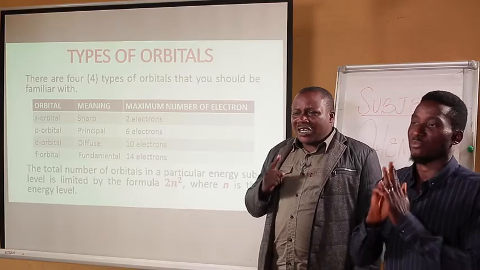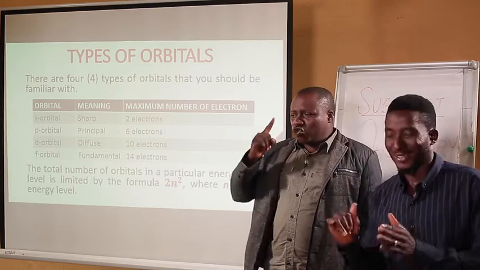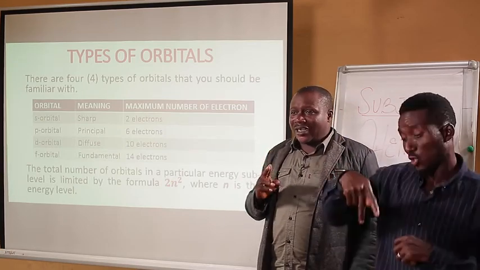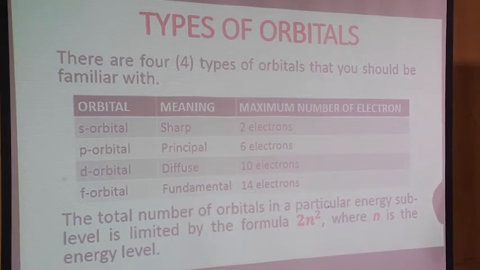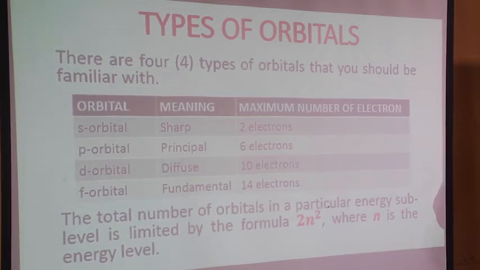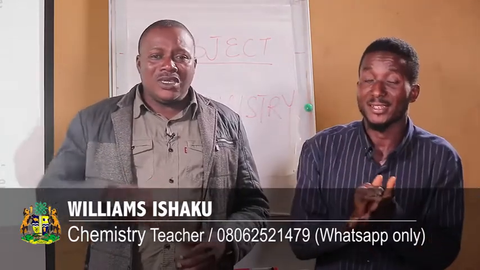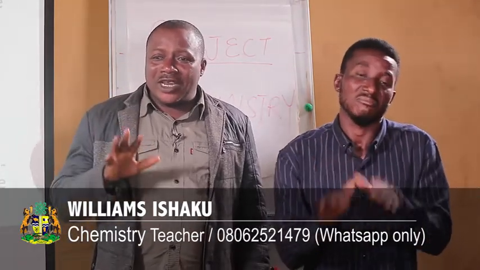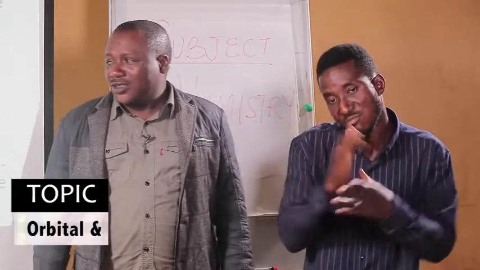For instance, the s orbital can only carry a maximum of 2 electrons. The p orbital can carry a maximum of 6 electrons. The d orbital can carry a maximum of 10 electrons, whereas the f orbital can carry a maximum of 14 electrons. With that, you agree with me? There is a gradual increase of 4 electrons in between the orbitals.